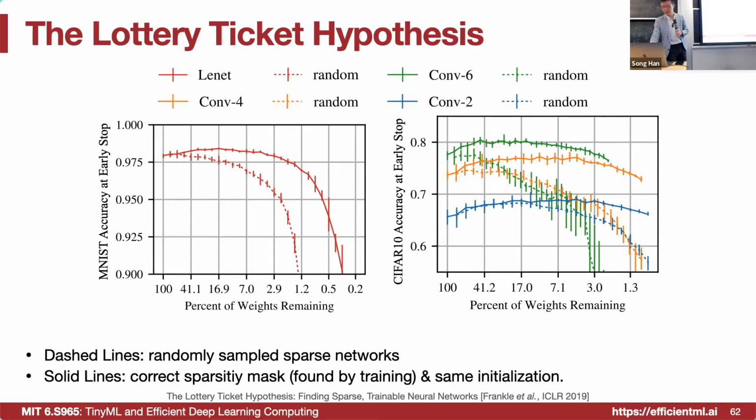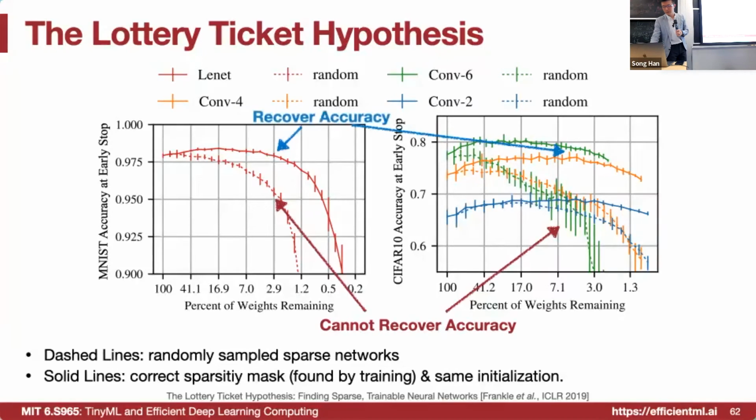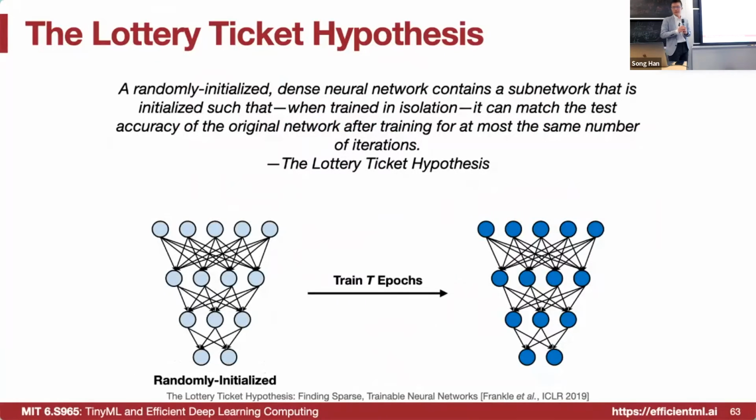So in summary, we can recover the accuracy by using the lottery ticket hypothesis, which basically says a randomly initialized dense neural network contains a subnetwork that is initialized such that when trained in isolation, it can match the test accuracy of the original network after training for at most the same number of iterations.